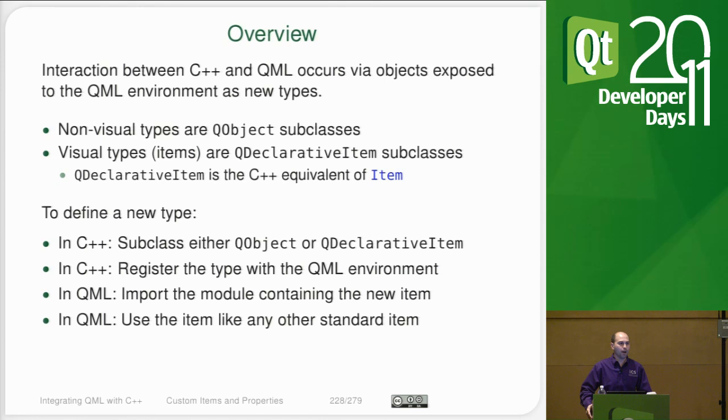So to create a new instantiable type, you can either inherit directly from QObject, or you can use QDeclarativeItem. If you want to draw onto the screen, you need to use QDeclarativeItem, which maps pretty much directly to the Item in QML.